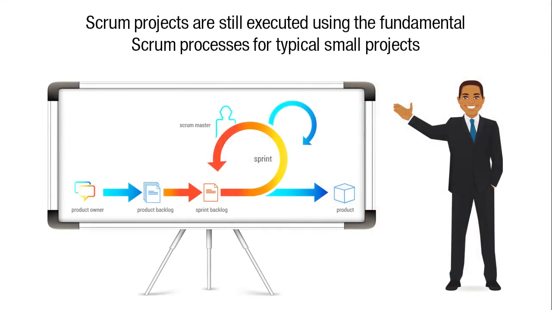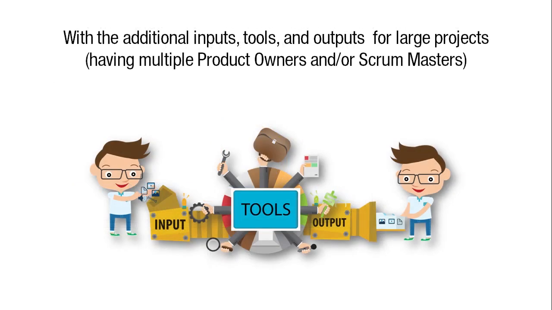In general, the Scrum projects should still be executed using the fundamental Scrum processes discussed in chapters 8 through 12 for typical small projects in the SBOC Guide, while incorporating the additional considerations outlined in Chapter 13 for large projects that have multiple product owners and/or Scrum Masters.